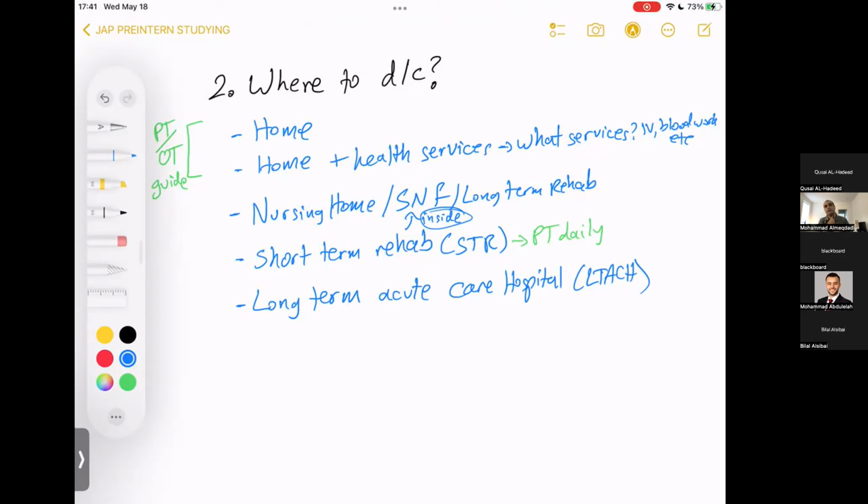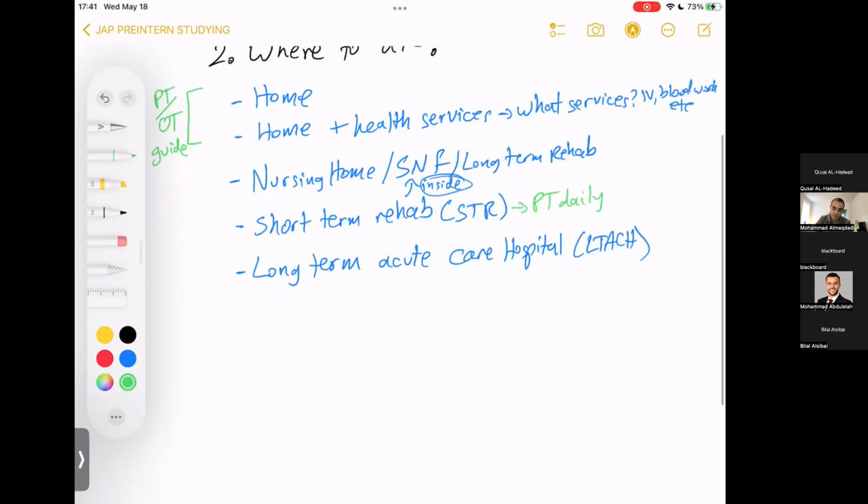They end up with a trach, they end up with a PEG tube, a gastrostomy tube to get feeding. They have a prolonged hospital course, and they can't really go to a short-term rehab or a SNF. So they end up in these long-term acute care hospitals. So think of these as people who are vent, trach, plus PEG people. They end up in these kinds of hospitals.